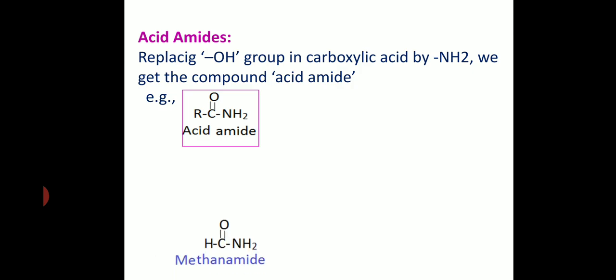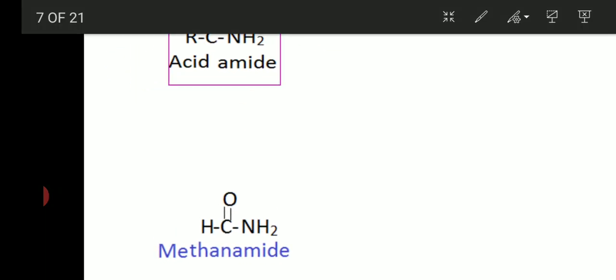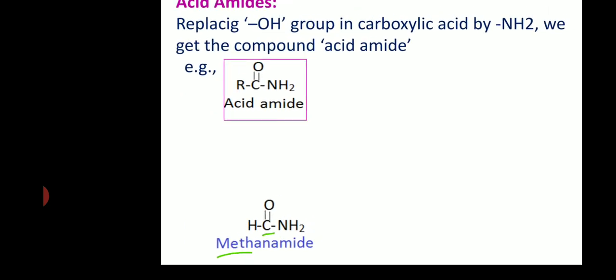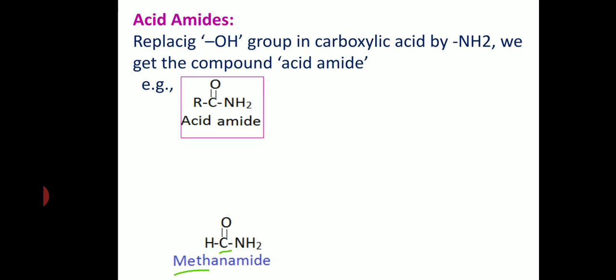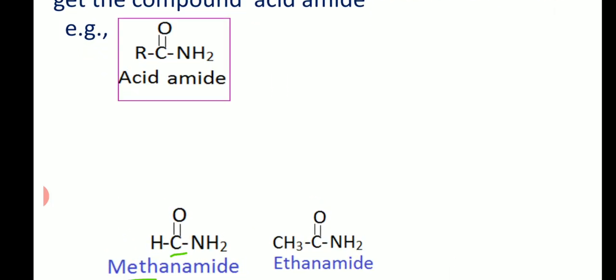For example, in place of R we are taking H, that is HCONH2. Overall in this only one carbon is present. That's why the root word meth is coming. Methanamide. So how will this name arise? The IUPAC, yes, of course, this is one more example.